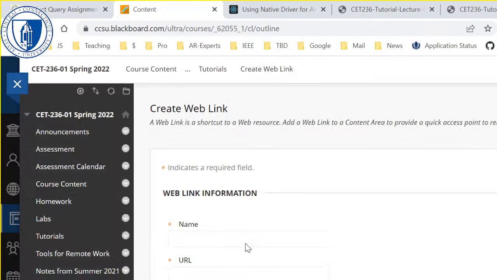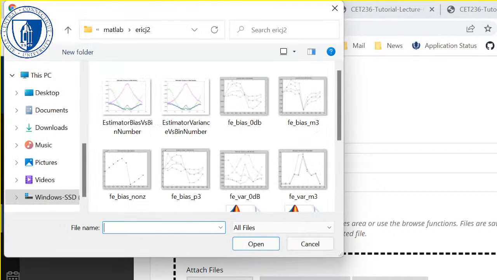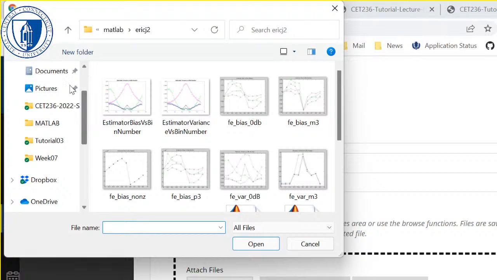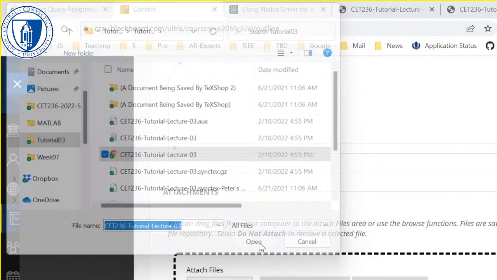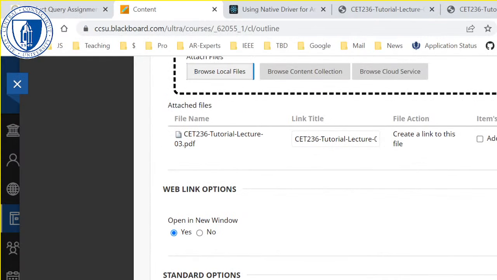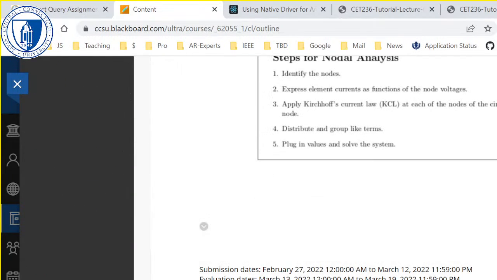Link. Okay, so that should now also appear in Blackboard, and you have the printout.